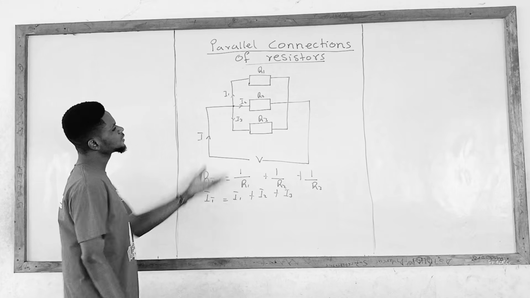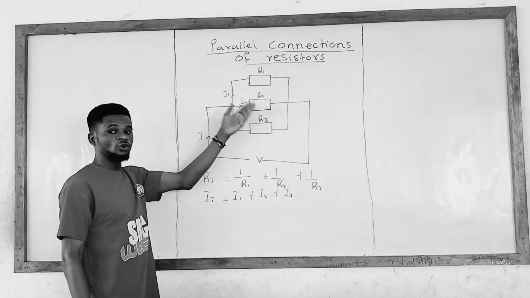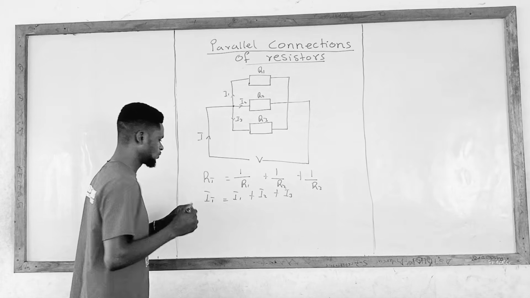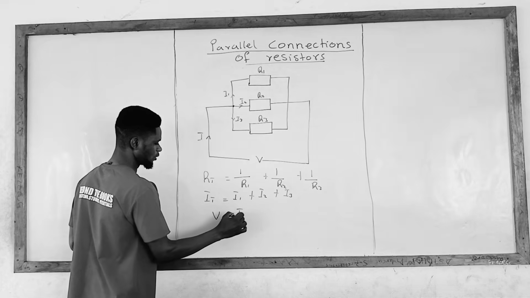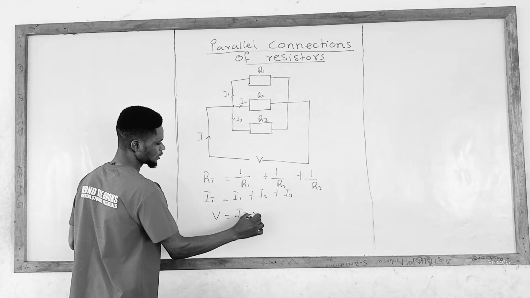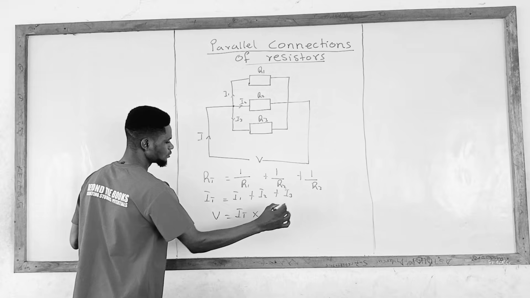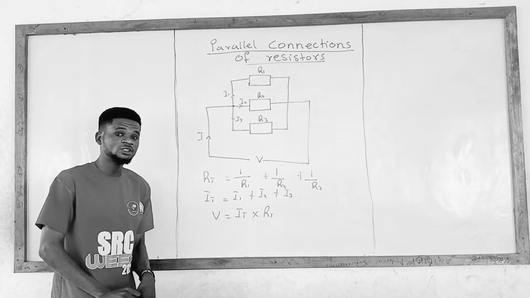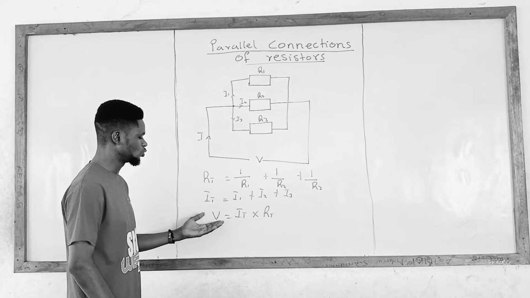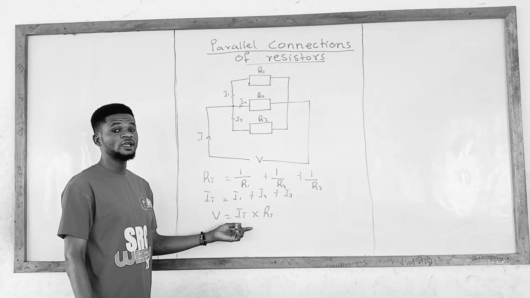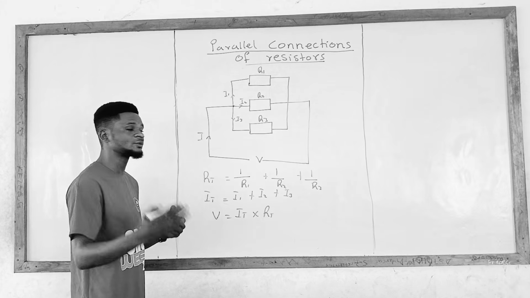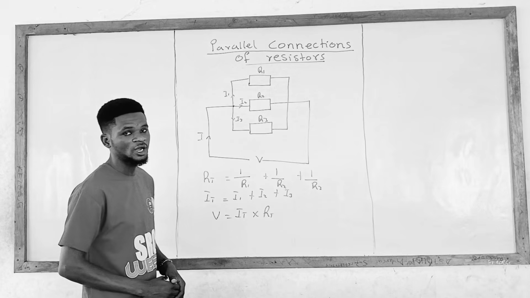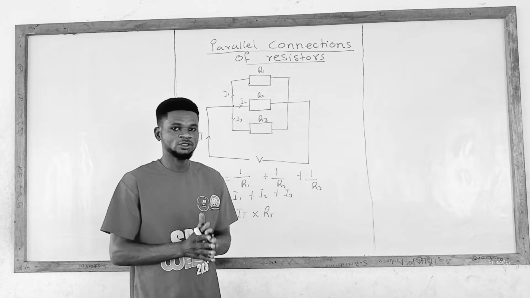Since the voltage flowing in the circuit is the same, to find the total voltage, according to Ohm's law, this is equal to the total current multiplied by the total resistance. So voltages are the same in parallel connection. To find the voltage, multiply current by the resistance. So these are the expressions to find in parallel connection of resistors.